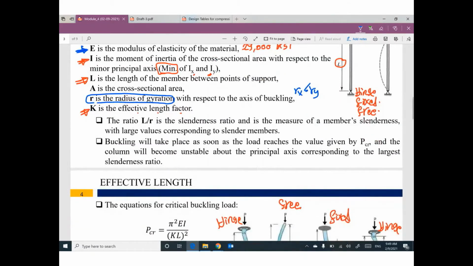Keep in mind, we have a term here, L, the length of the member, divided by r, the radius of gyration, which is called the slenderness ratio. The slenderness ratio is an indication of whether the member is more critical or less critical to buckling. Okay?